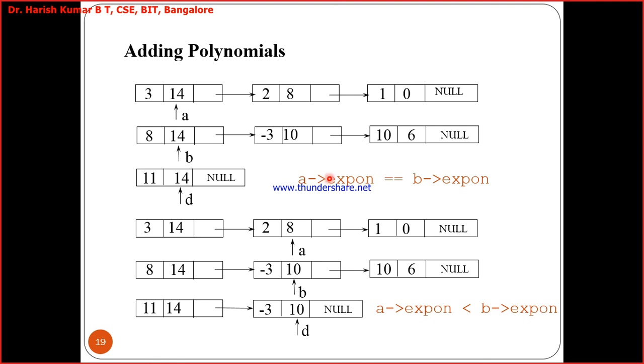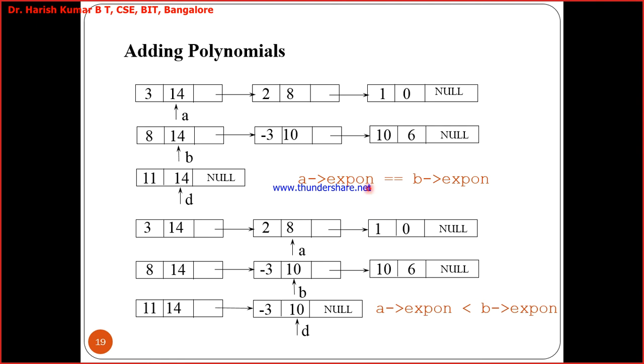So a arrow exponent accesses this field, and then how do I access the exponent field of the other polynomial? b arrow exponent. Now when I say a arrow exponent, what is its value? 14, equal to b arrow exponent, so that is also 14, correct?